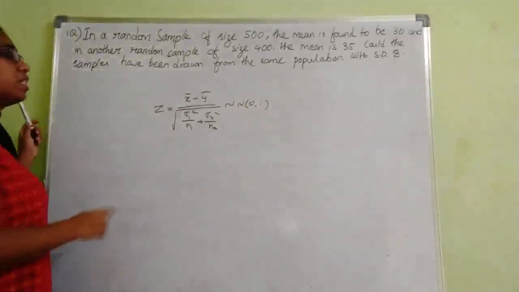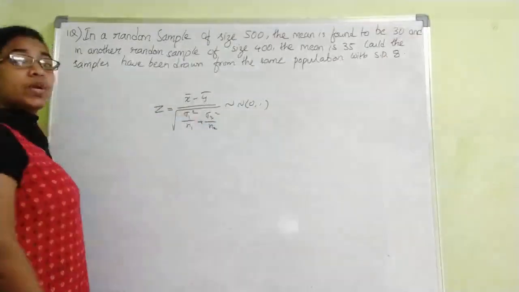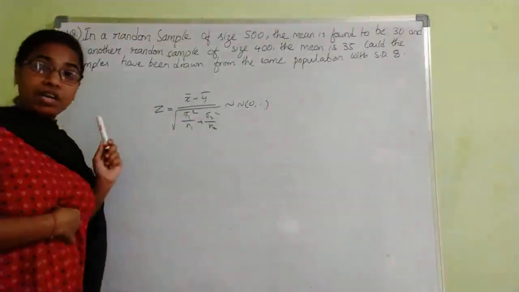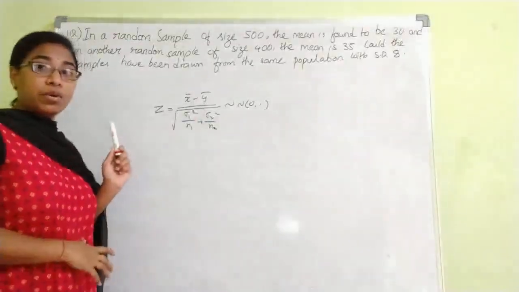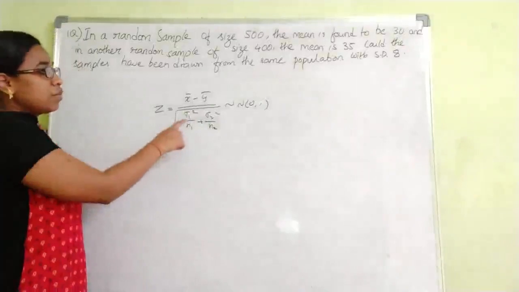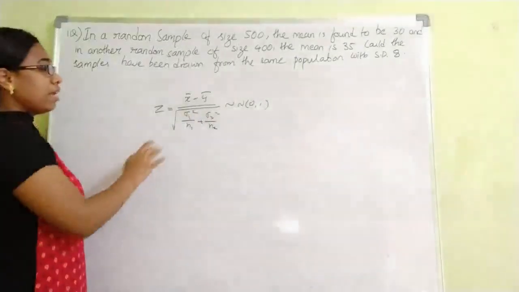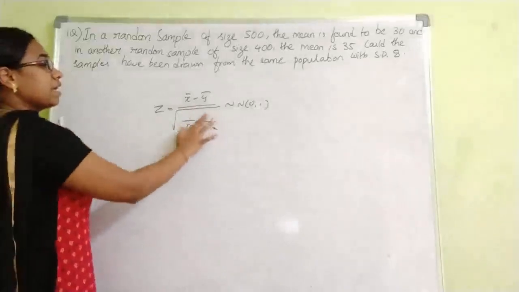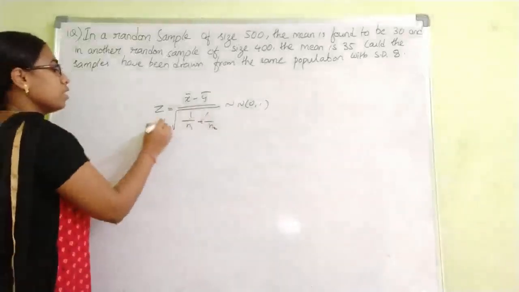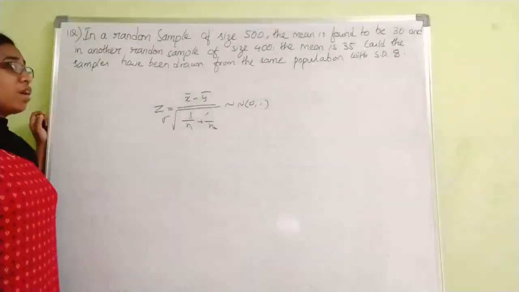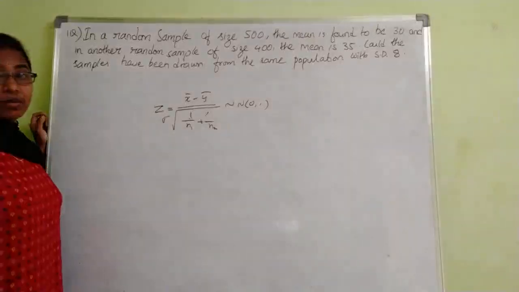The first is where both sigma 1 square and sigma 2 square are equal and known. So when sigma 1 square equals sigma 2 square equals sigma square, the denominator becomes sigma into the square root of 1 by n1 plus 1 by n2.